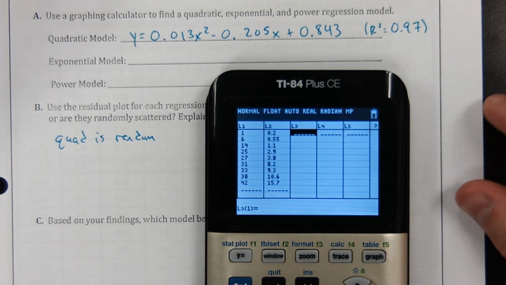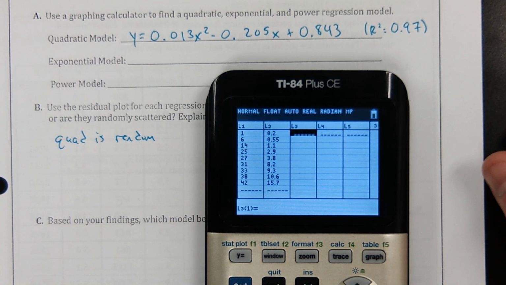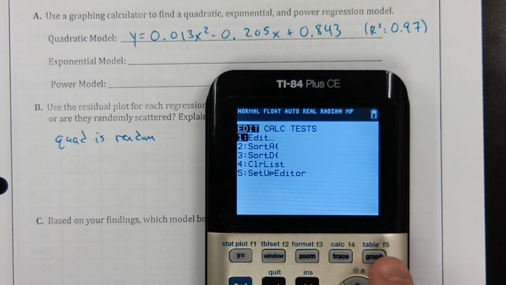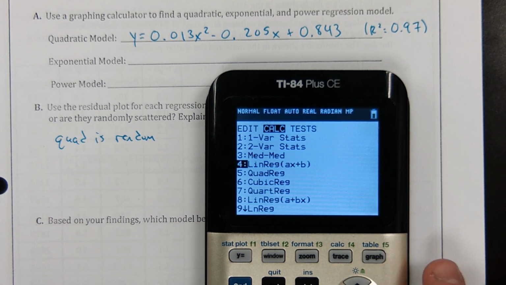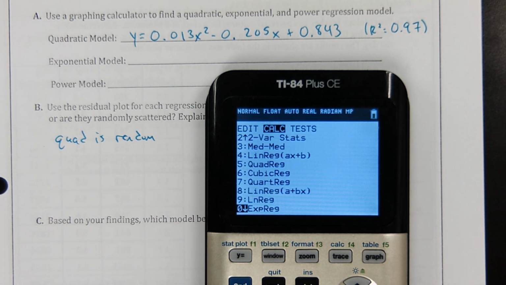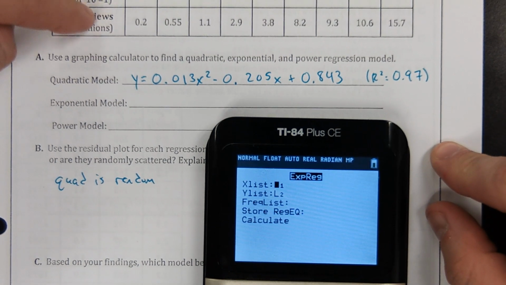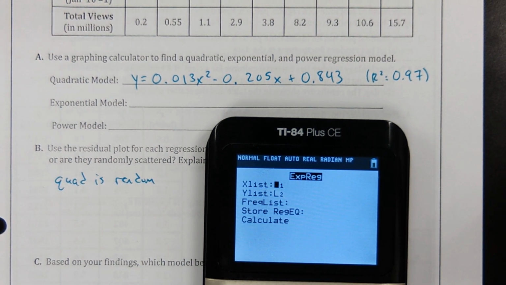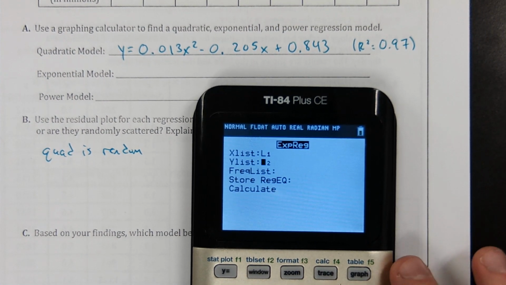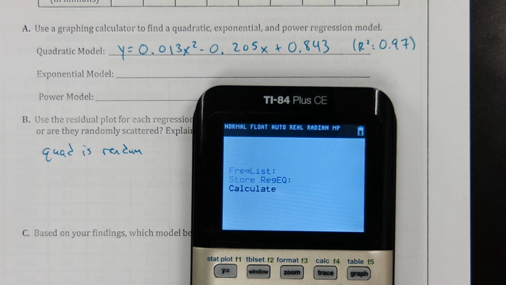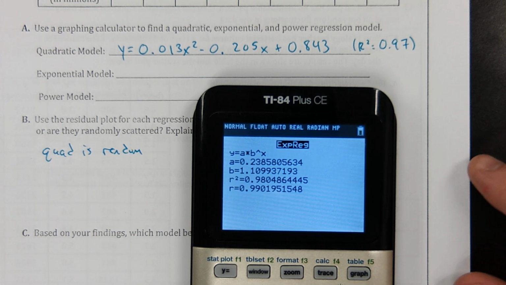The reason why is because I'm now going to find my exponential model. Stat, calc, exponential regression. Again, because I'm not plotting these dots and seeing which graph goes through them best, I'm not going to store it. I'm just going to ask the calculator to give me the equation, and there it is.